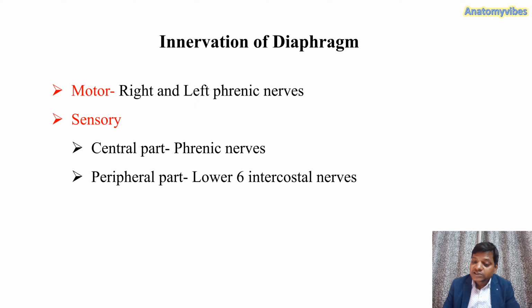So if cholecystitis, meaning inflammation of the gallbladder, occurs, the peritoneum in relation to the gallbladder will get inflamed, and the same inflammation can go just below the diaphragm because the same peritoneum is continuing there. So if the peritoneum over the diaphragm is getting irritated or inflamed, again the pain can go to the right shoulder.